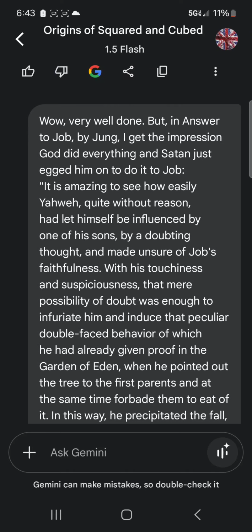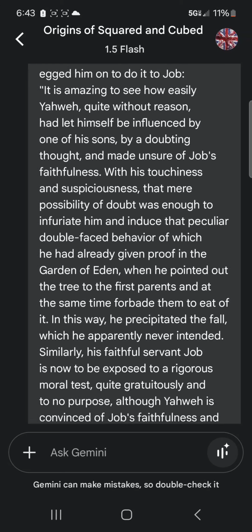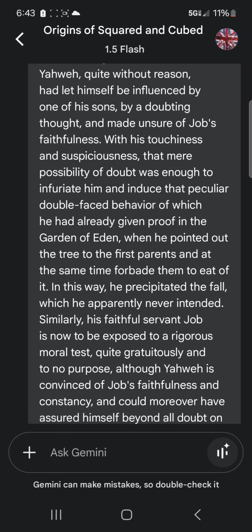With his touchiness and suspiciousness, that mere possibility of doubt was enough to infuriate him and induce that peculiar double-faced behavior of which he had already given proof in the Garden of Eden when he pointed out the tree to the first parents and at the same time forbade them to eat of it. In this way, he precipitated the fall, which he apparently never intended.